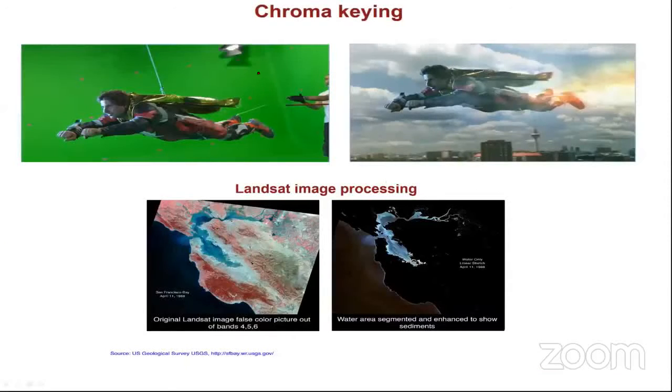So this is the image. Here you can see this is a green background, and the person is in the air. This is called the foreground, and the green thing is called the background. Chroma keying is one of the applications of it.